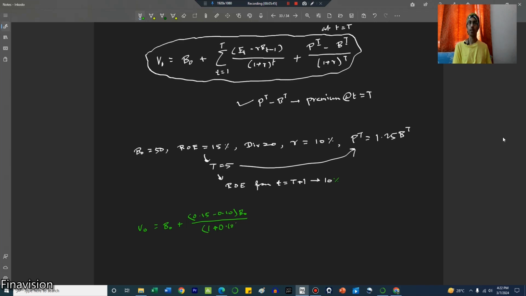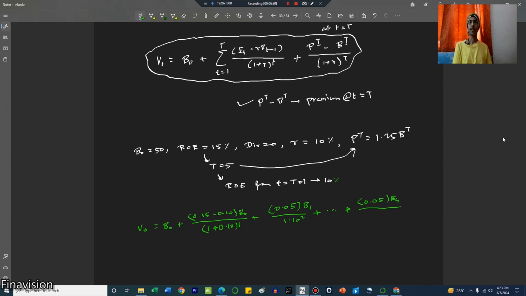0.10 to the power 1, which is basically 1.1. Here also it is 0.05, which is 15% minus 10%, into B1 by 1.10 square, plus this will be added till the 5th iteration, that is 0.05 into B4.